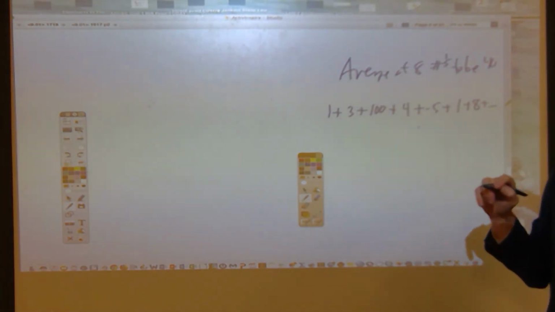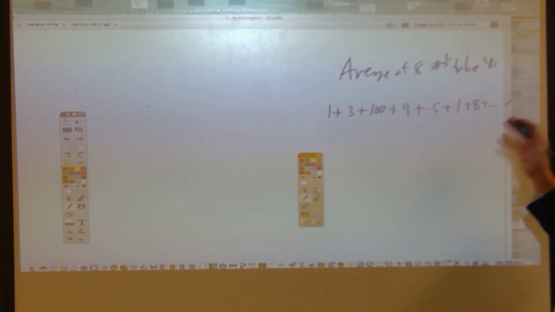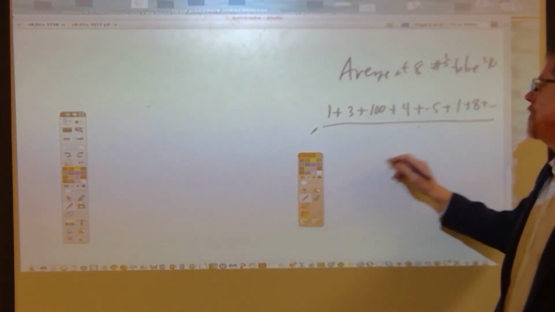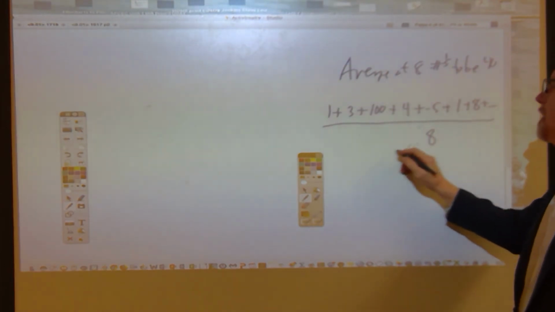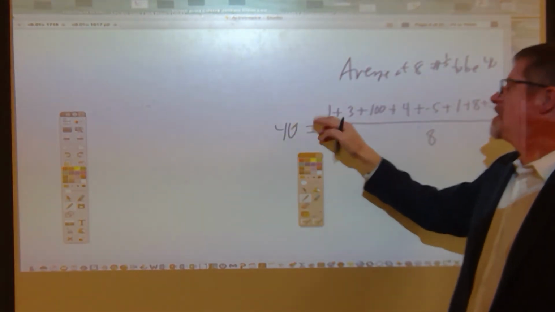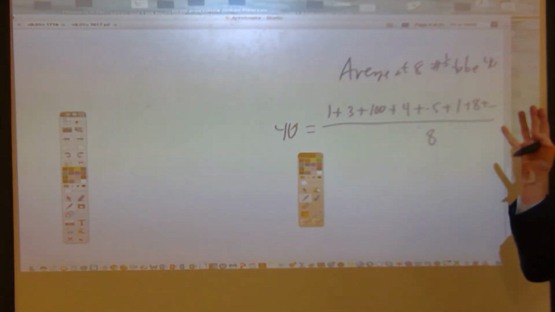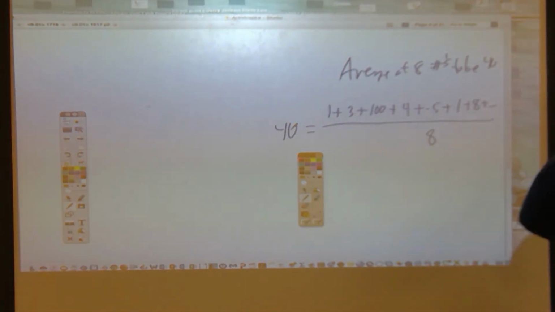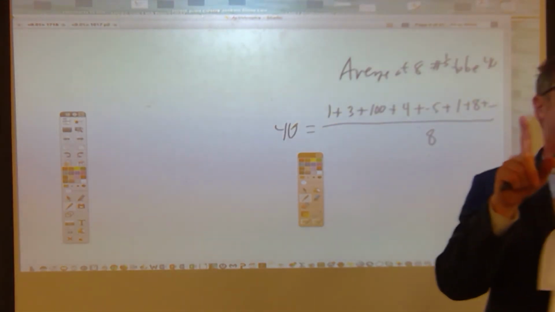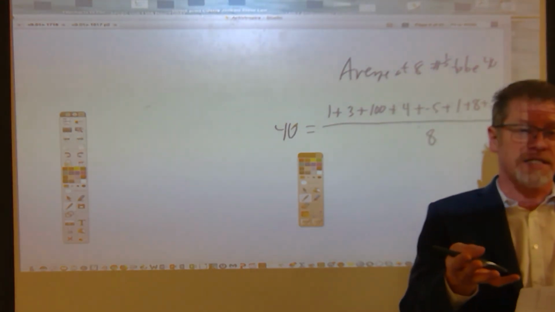But the 8th number is then determined. You add up those 8 numbers and divide by 8 to get 40. 7 free choices. So you have 7 degrees of freedom in this problem. The 8th one is then determined by your first few choices. So that's an example of the degrees of freedom concept.